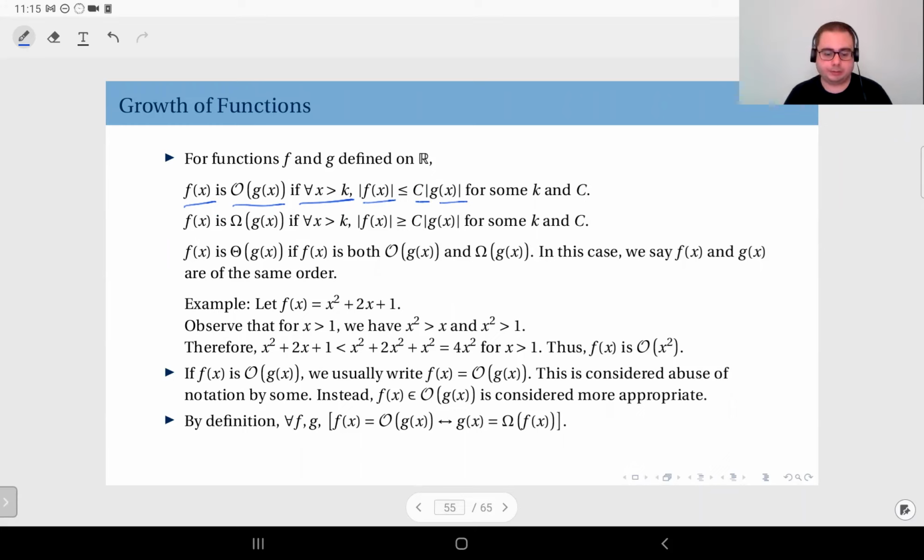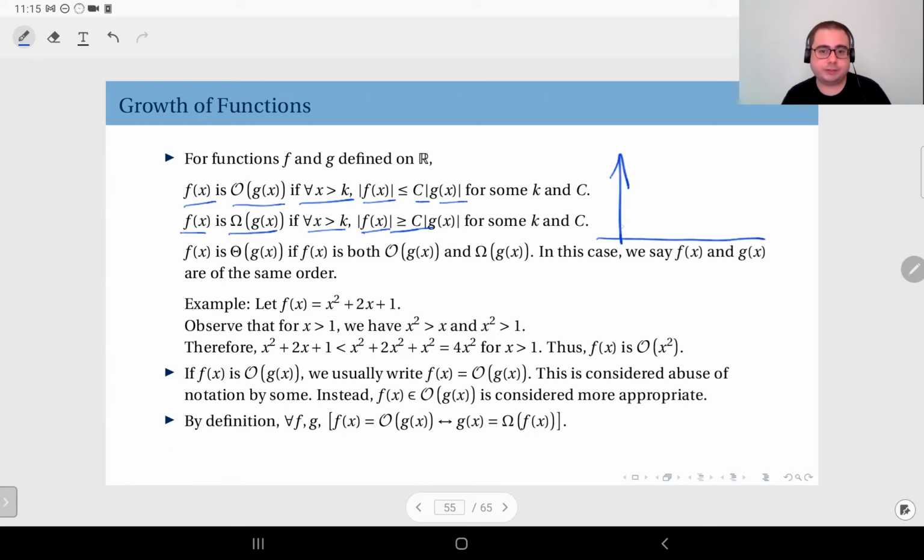If it is the other way around, f of x is called big omega of g of x if for all x greater than some k value, f of x in magnitude is greater than or equal to some constant c times the magnitude of g of x. Now, this we can actually visualize something like this.